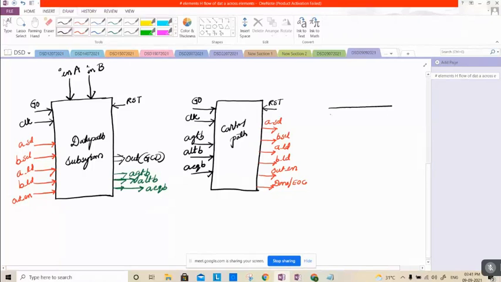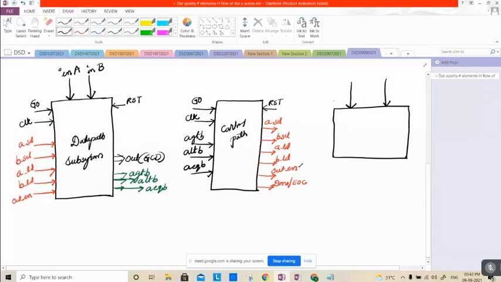Sir, output enable is an input to the data path and an output from the control path. See here, we have written it. Output enable is the output of the control path and an input to the data path. The register loads the output value based on output enable, whenever A is equal to B. If A is equal to B, we place an additional register for the output. So who gives control to that register?